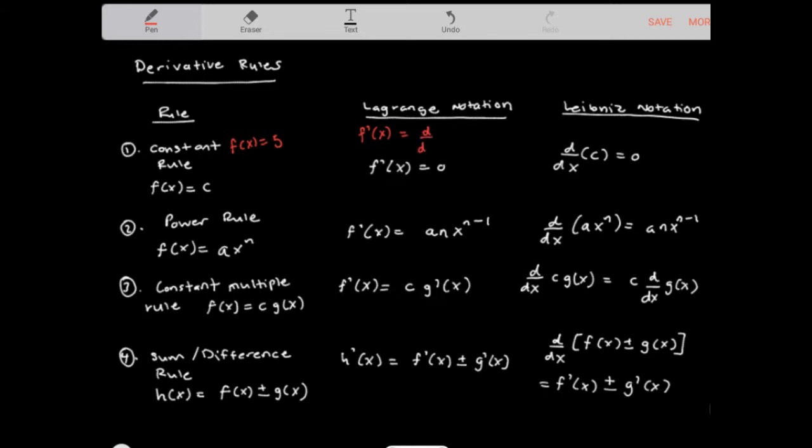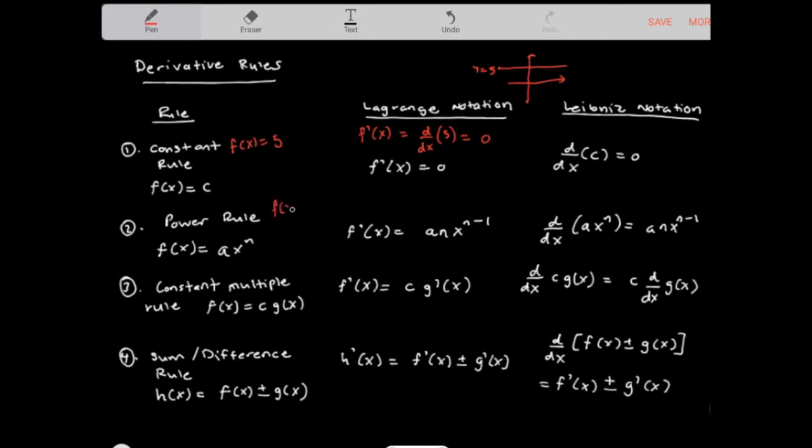Using Leibniz's notation, the modifier d/dx of 5, or the rate of change of 5 with respect to x, and the rate of change of any constant is 0. The reason for that is because when we have a constant on a graph, for instance y is equal to 5, the slope of the tangent at any point on this graph is going to be 0. Okay? Take a look at the power rule.